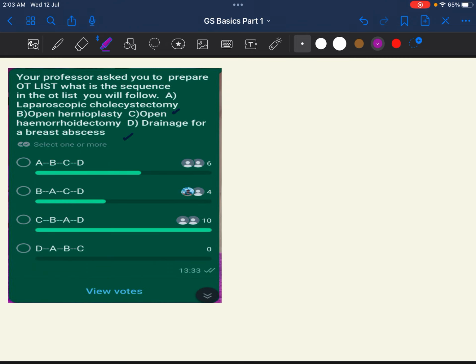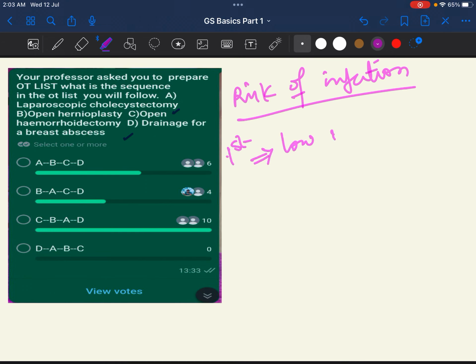Four cases have been given here. So you should prioritize these cases according to their risk of infection. You should always post first the cases that have low risk of SSI, and the next cases you should post from low risk to high risk.